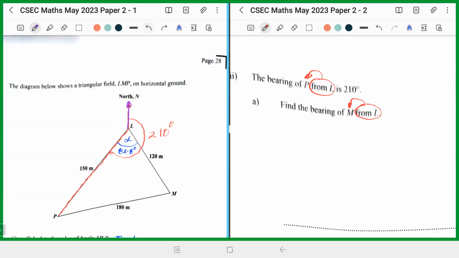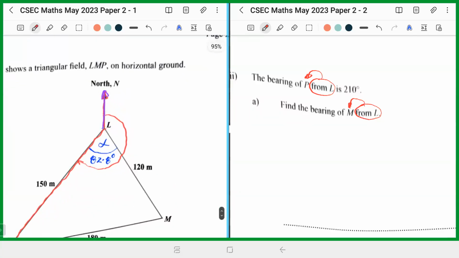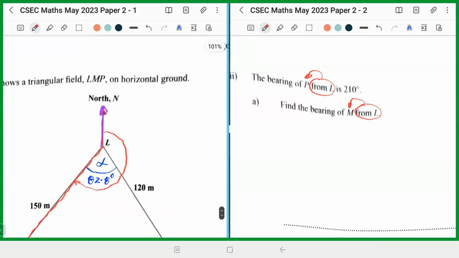Let me put this 210 a little bit smaller. So the red angle is 210 right here. That red angle is 210.